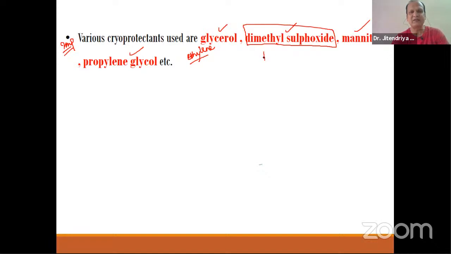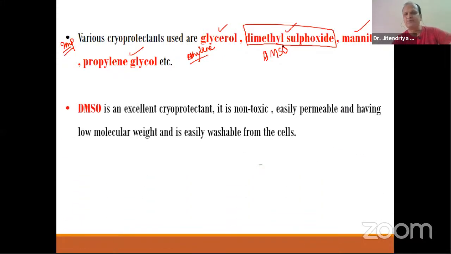In short, in abbreviated form, it is known as DMSO. You can note down DMSO. Let us discuss this dimethyl sulfoxide. It is an excellent dry protectant. Important one is that it is non-toxic. Another important feature, it is easily permeable, and most importantly it is low molecular weight.